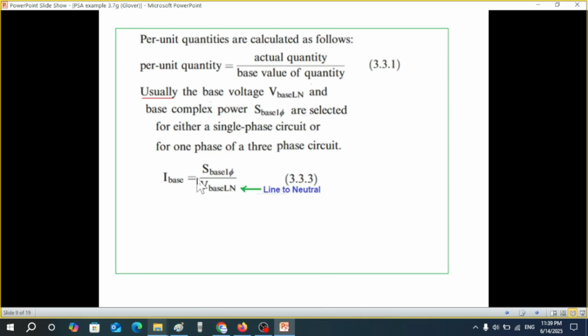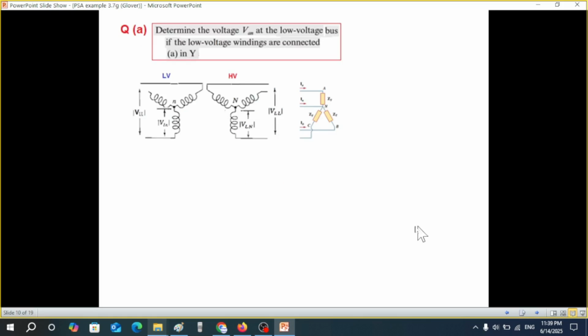So the base current will be the single phase power divided by the single phase, line to neutral voltage. But we can also use the 3-phase power and 3-phase voltage. With that we have to add under root 3 because this is line to line voltage. But I'll prefer and use this one.